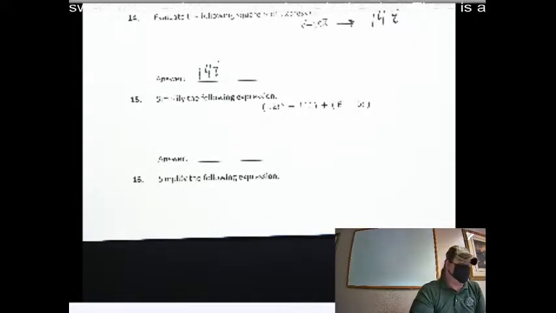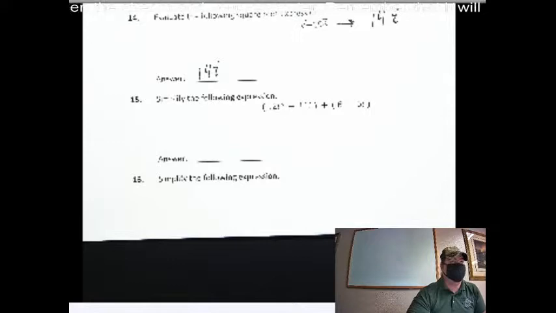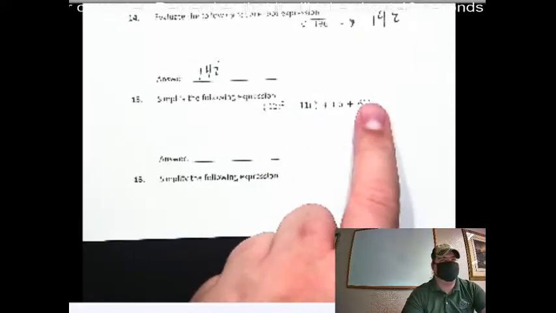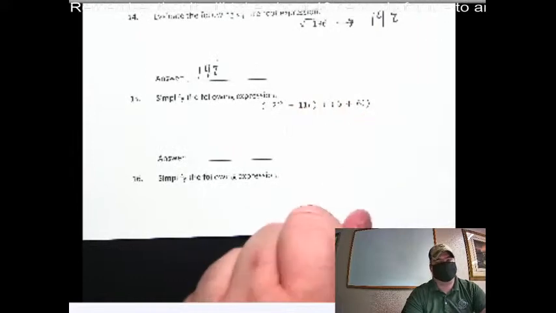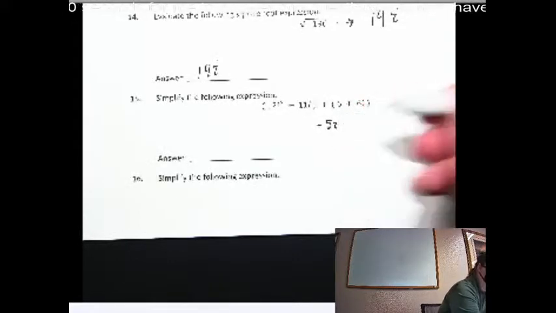So what like terms do we have? Perfect. Negative 11i and positive 6i. So we can combine those. So what do we get when we combine these two numbers? Negative 11i and positive 6i. Okay? So it gives us negative 5i.